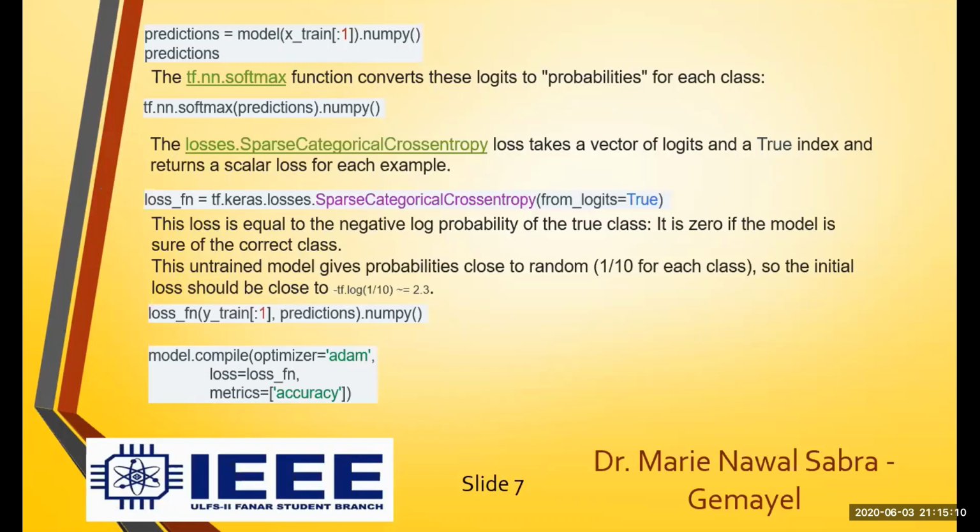So you are going to see it give a probability of almost 10% to each of the different digits. If you all know probability, it's like tossing a die, but a die with 10 faces in this case: the probability of getting any one is 10%.